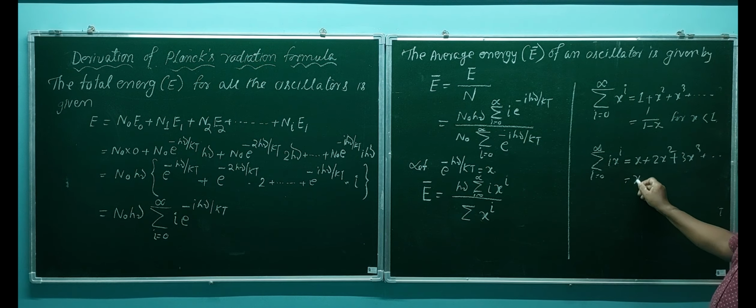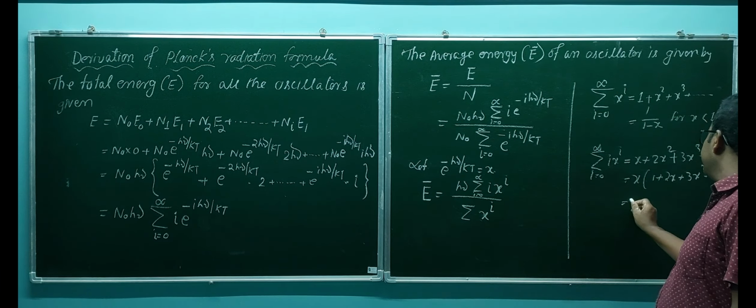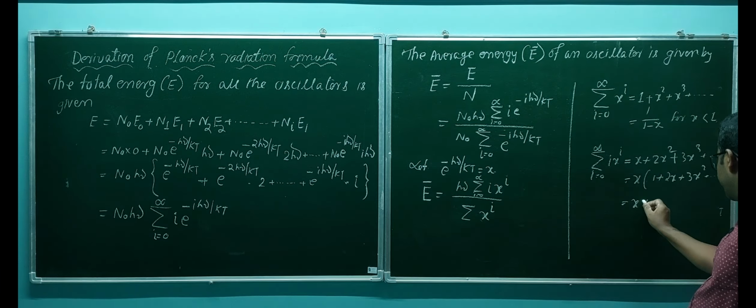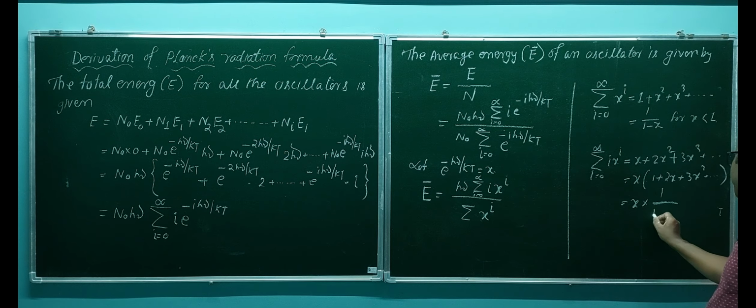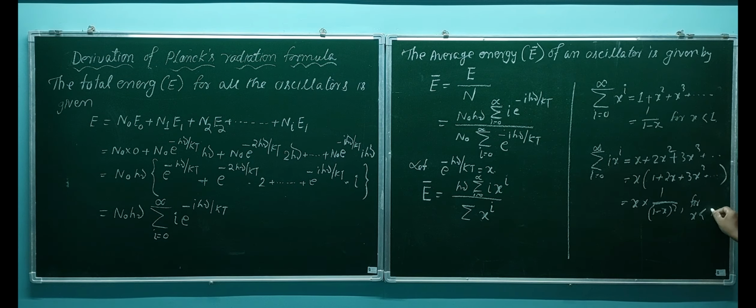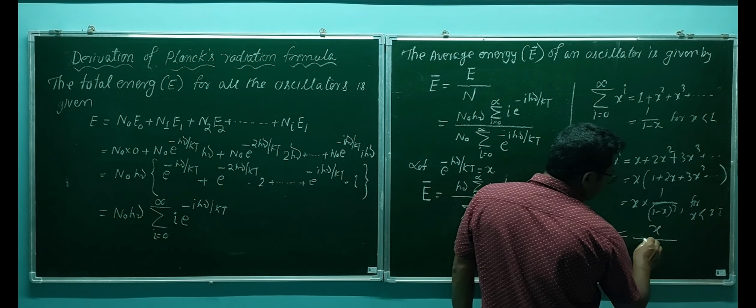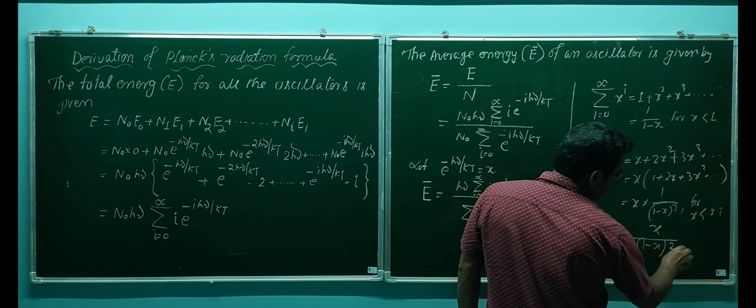Now take x common: 1 plus 2x plus 3x square plus and so on. This value is x into 1 by 1 minus x whole square, for x less than 1. That is, the final result is x by 1 minus x whole square.